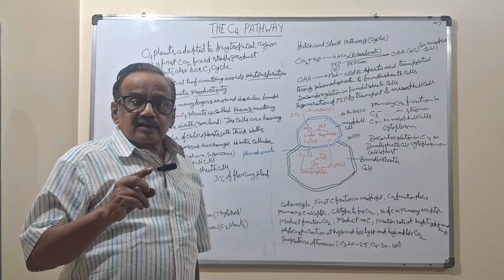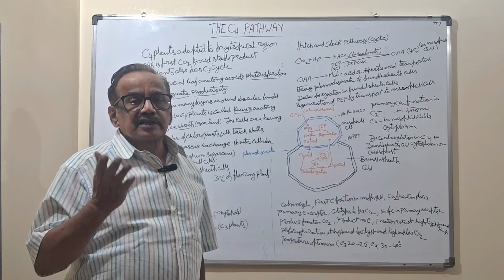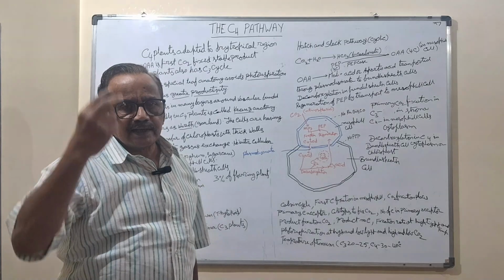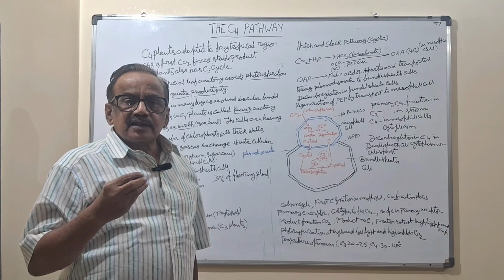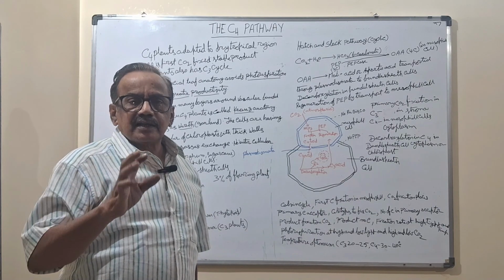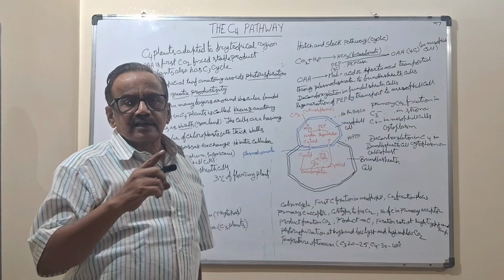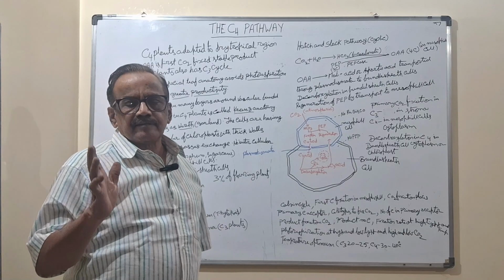To avoid that, carbon fixation takes place in two places. This entire thing was explained by the scientists Hatch and Slack as the C4 pathway, that is cyclic.